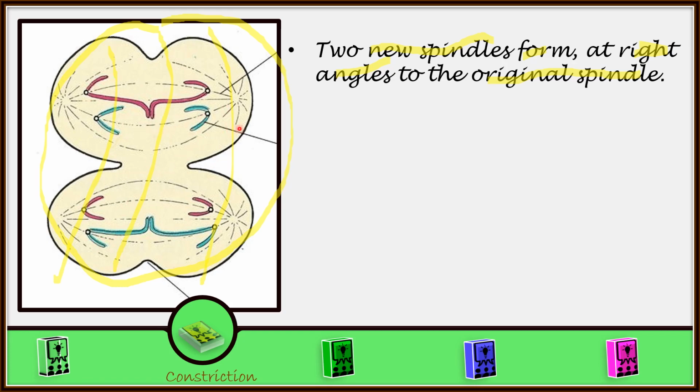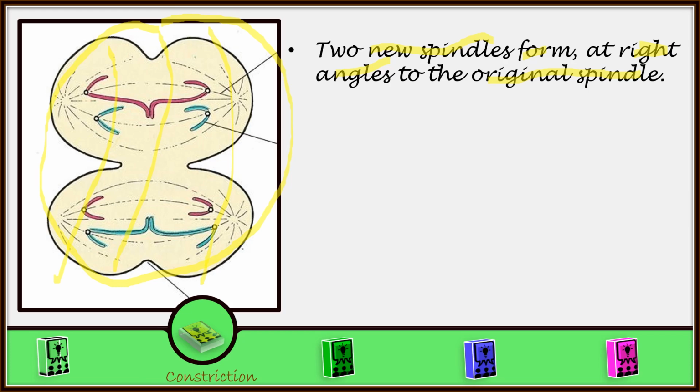Now here we are seeing that the new spindles are forming, and these new spindles are forming at a right angle to the original spindles. These ones that we are seeing were the original spindles, these ones going up and down. Now we are forming new spindles.